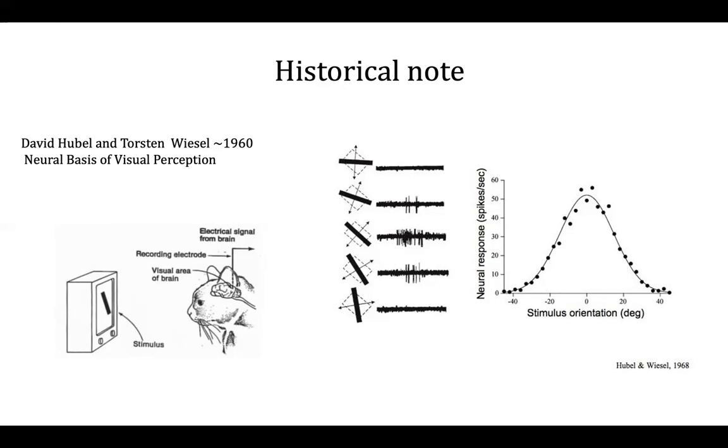At the same time, there was a breakthrough in the field of neurobiology, and specifically in the neural basis of visual perception. Two researchers, Hubel and Wiesel, in the 1960s, performed a series of experiments.